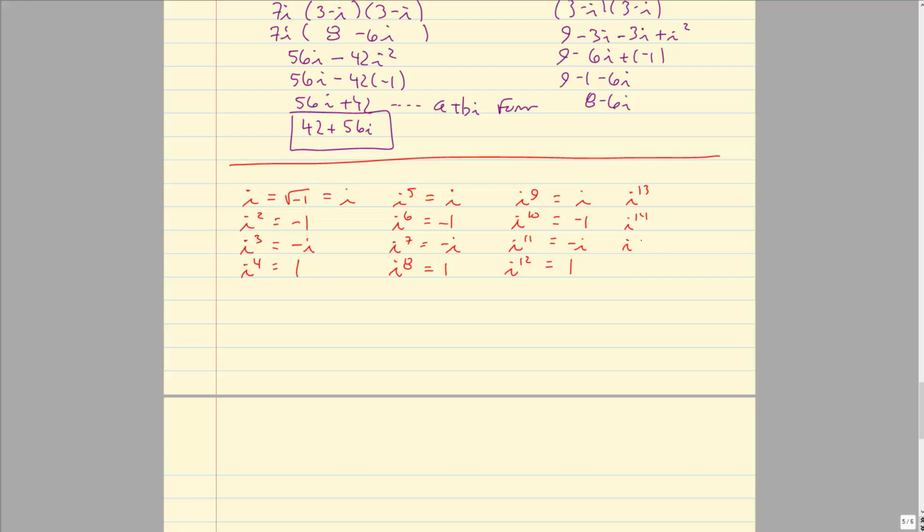Now what we don't want to do here though is have to write this out, let's say 100 times if I'm trying to figure out i to the 100th. Okay, so how am I going to do that? Well, it looks like to me, if I could figure out and pull out however many i to the fourths that are possible, what I could do next then is I could see the remainder.